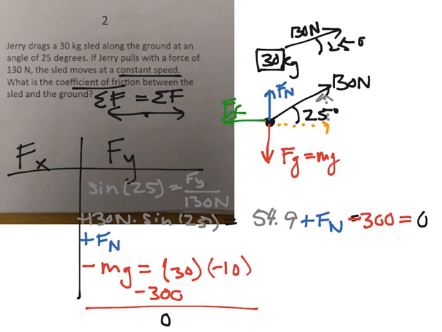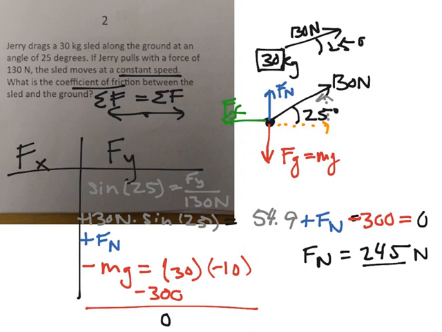So if we do this, we can very easily find out what our Fn is. If you solve for Fn, you would get 245 newtons. So we know what our normal force is.